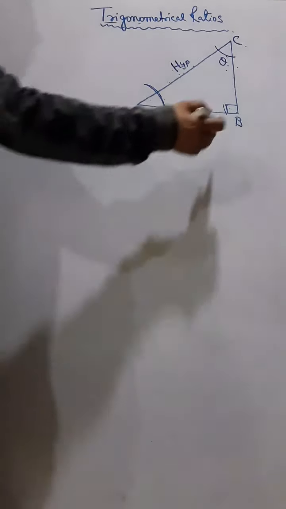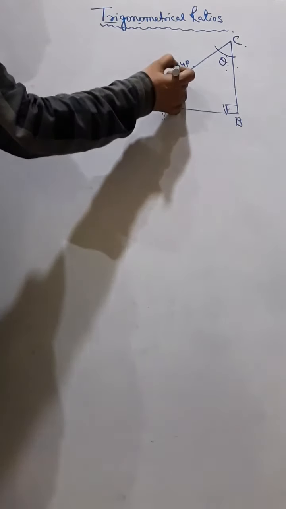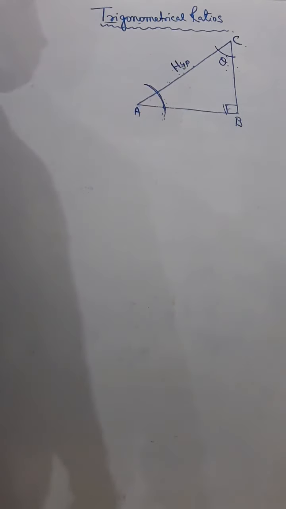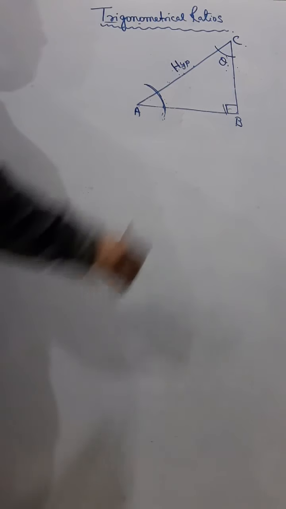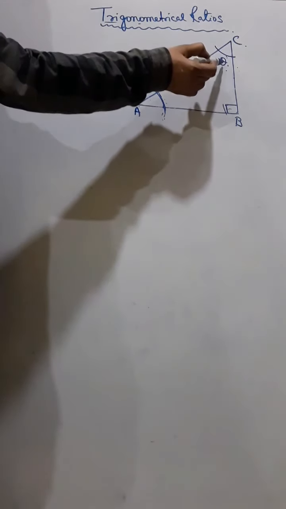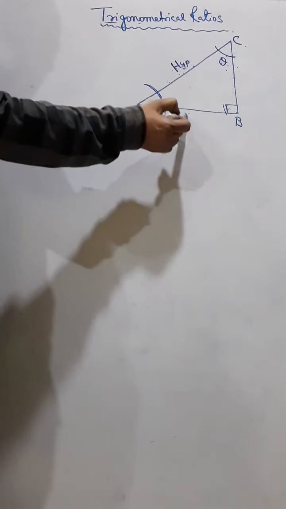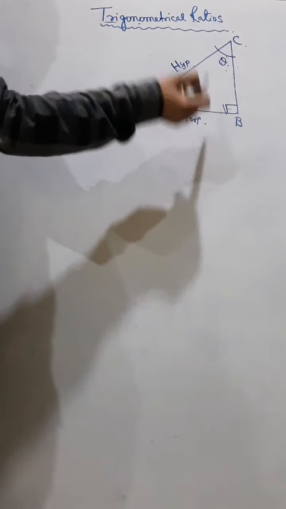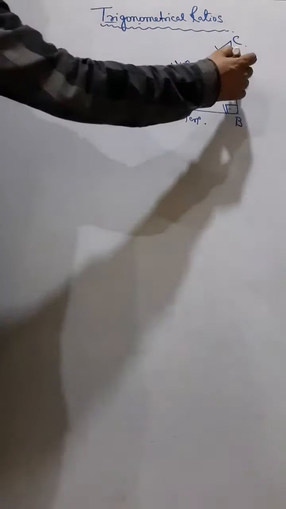Again 90 degree, the opposite is hypotenuse. The side which is opposite to this reference angle theta, now you can understand, this becomes perpendicular. And now this will become base.